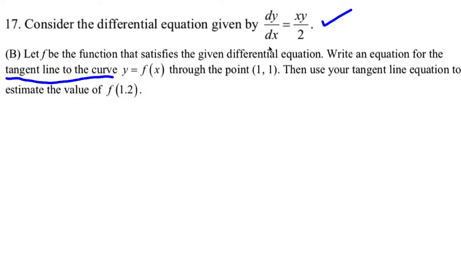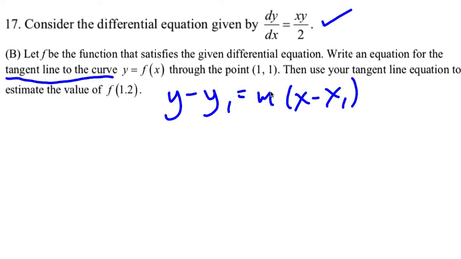So first of all, we're trying to find the equation of the tangent line. So we know that this is going to be the equation of a line: y minus y1 equals m times x minus x1. Now, m is your slope. We're given this formula for the slope, so all we need to do is plug in our x and y coordinates for that point. The slope will be xy over 2.